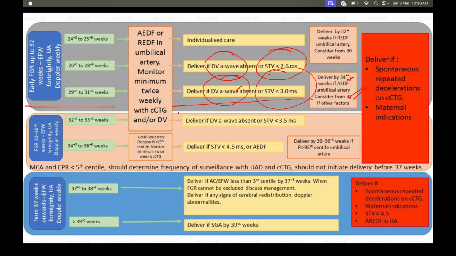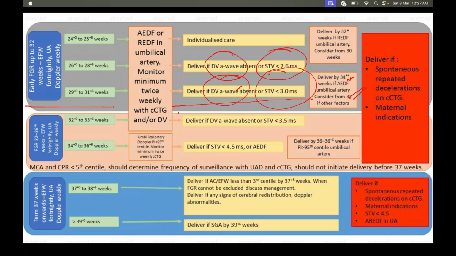They've also mentioned in the guideline that we must remember that there can be sudden deterioration in the baby's condition. That is why you consider delivery by 32. So look at the other factors. If you have not given steroids and there are no other problems that require immediate delivery, you wait, you give steroids, and then see on a daily basis how the baby is behaving, and then deliver.